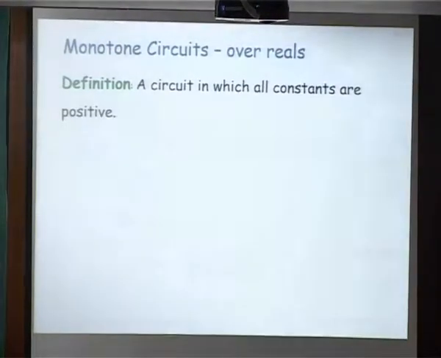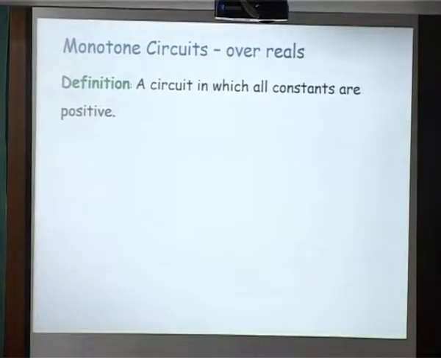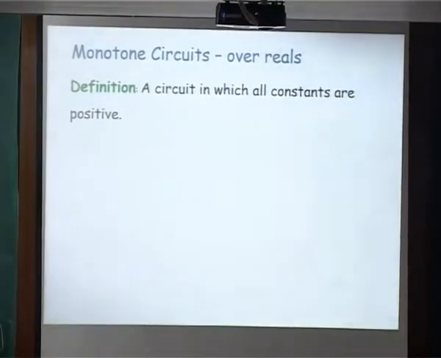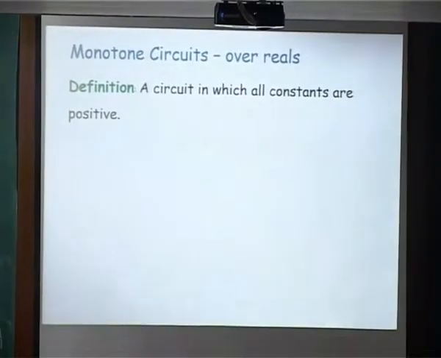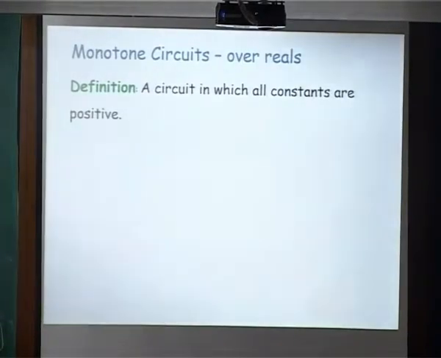So let's see what monotone circuits are. Suppose your underlying field is the field of real numbers. Call a circuit monotone if all the constants that occur in the circuit are positive, or at least non-negative. So in particular, you cannot do subtraction, and the function that you compute at the end will always be a monotone function.